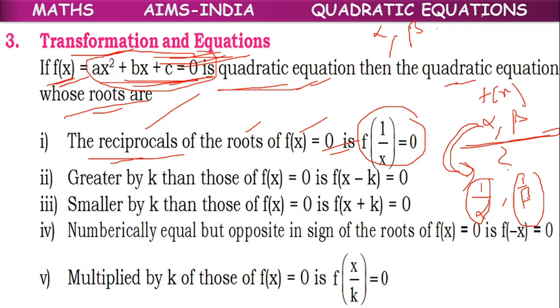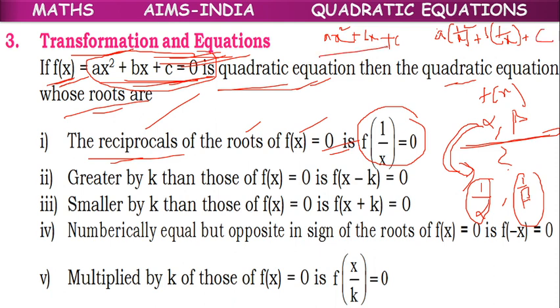Suppose ax square plus bx plus c is f of x, then f of 1 by x will be, in the place of x, we have to keep 1 by x: a into 1 by x whole square, b into 1 by x, plus c.